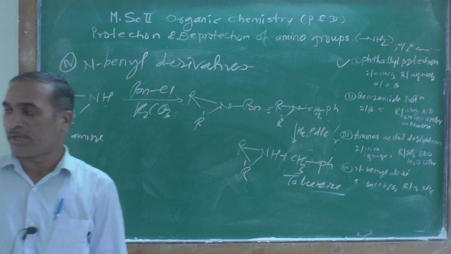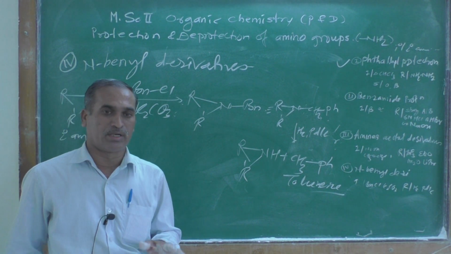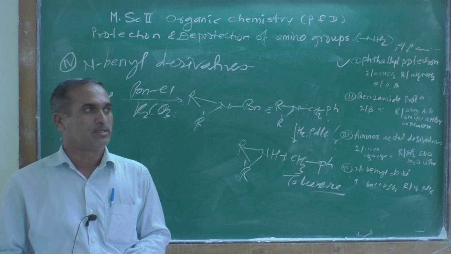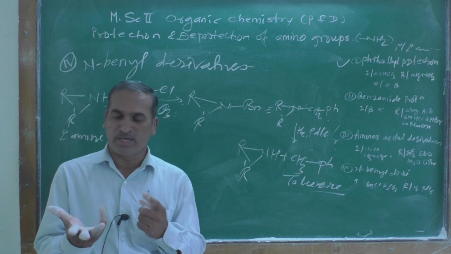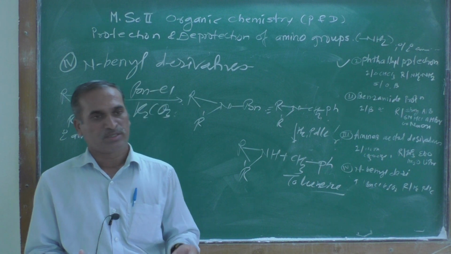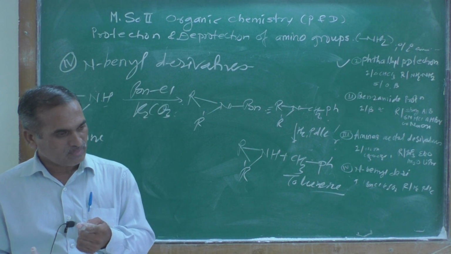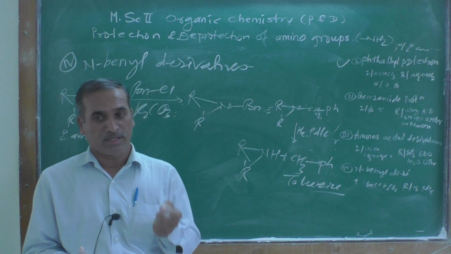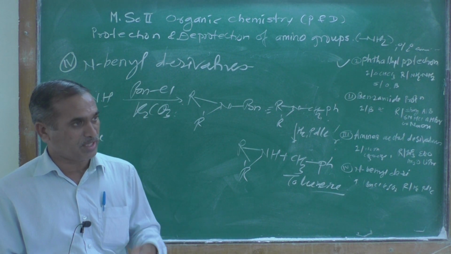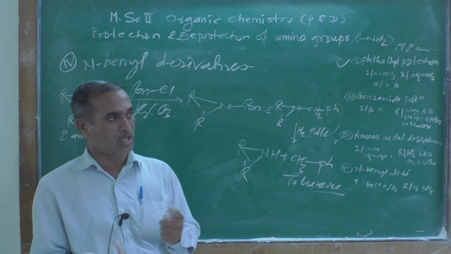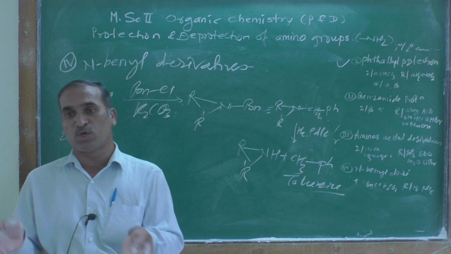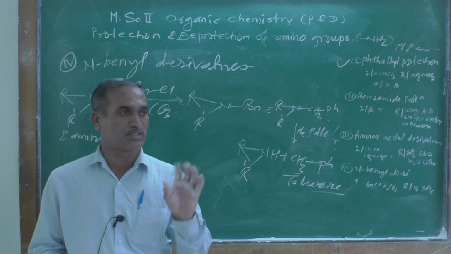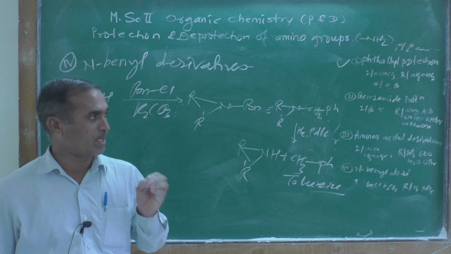So in this way we have covered so far two main functional groups. One is the hydroxyl group, the second is the amino group. In the hydroxyl group we have seen phenolic as well as alcoholic, 1,2-diols and 1,3-diols, and in amines mainly five protecting groups we have learned.